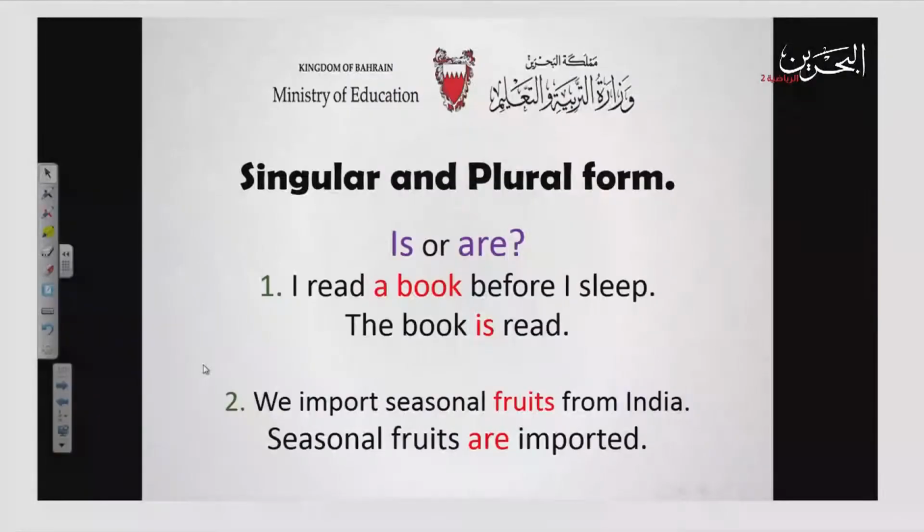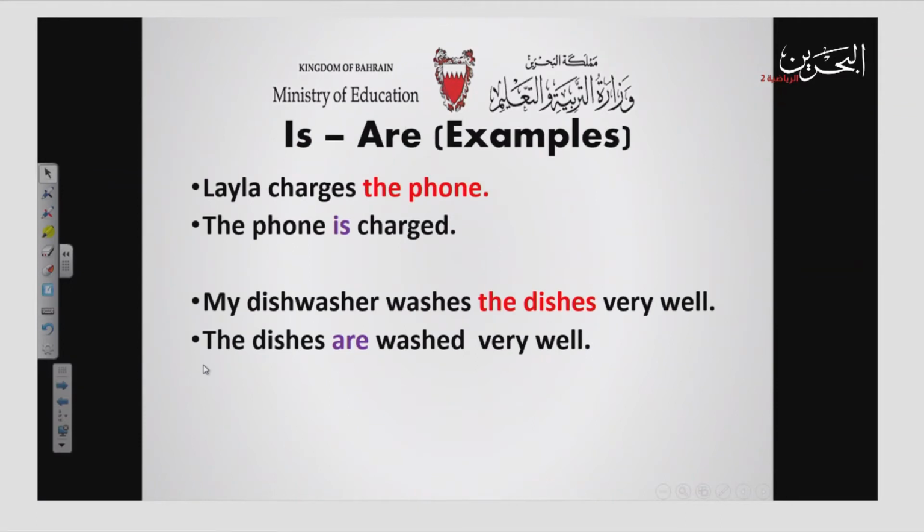It's more than one. In this case, I have to use are. Seasonal fruits are imported. And I said imported, and the previous one I said read. Now we will do an exercise just to emphasize the use of is and are. Or let me take an example before that.